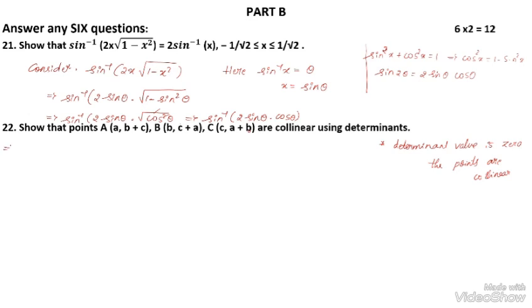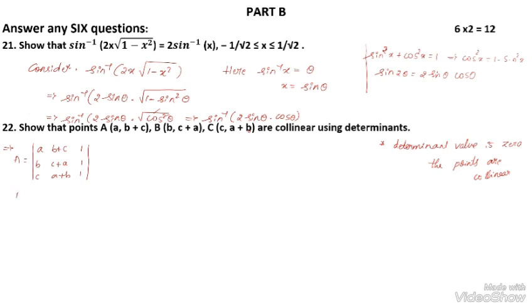So first I write the points. Simply I am taking the determinant as A. The first point A comma B plus C, the second point B comma C plus A, and the third point C comma A plus B. The last column will be taken as 1.